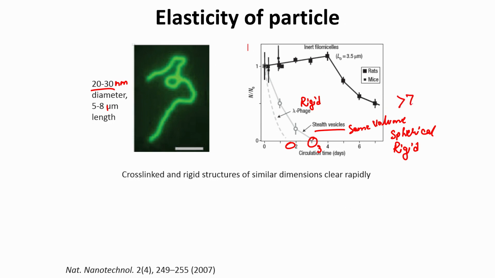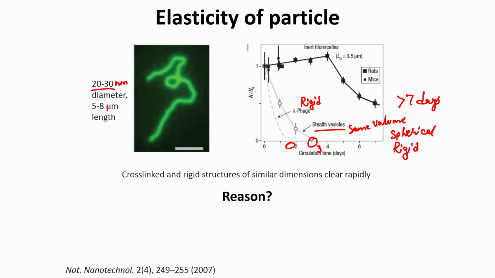This is greater than 7 days. So, again just an example of showing how elasticity can cause this effect. Now if they use the same phylomicelles and cross link it internally, this drastically drops down to something like a lambda phage where it gets cleared within a day or 2.